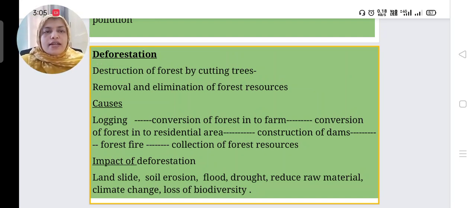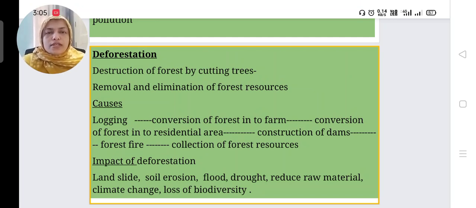Deforestation means destruction of forest by cutting trees, that is removal and elimination of forest resources. When we are removing, eliminating and reducing forest resources, that is deforestation.